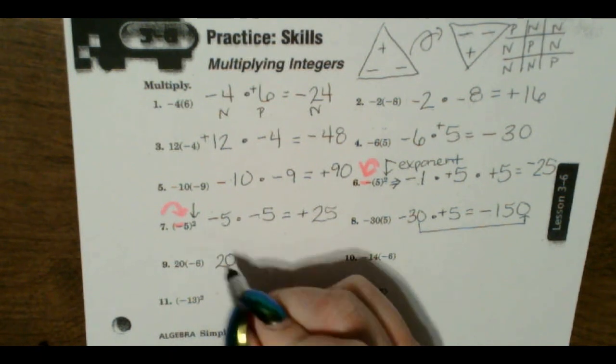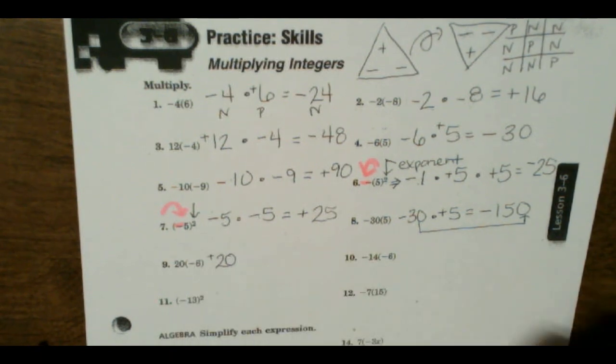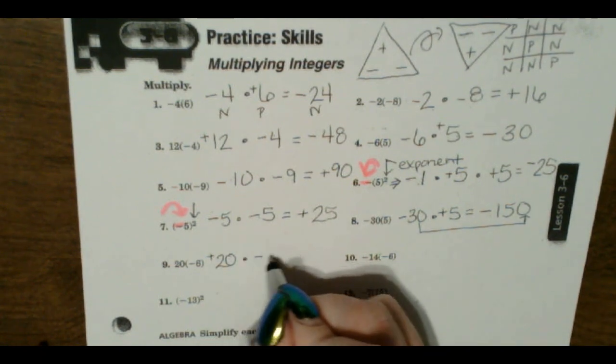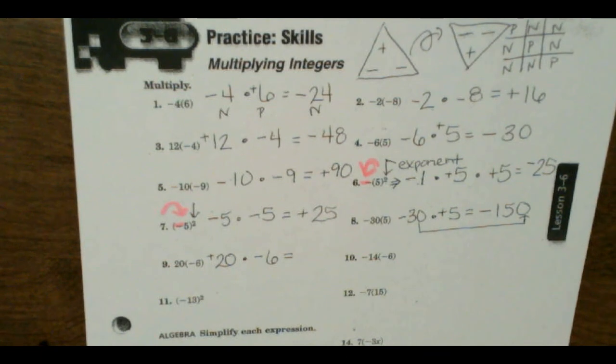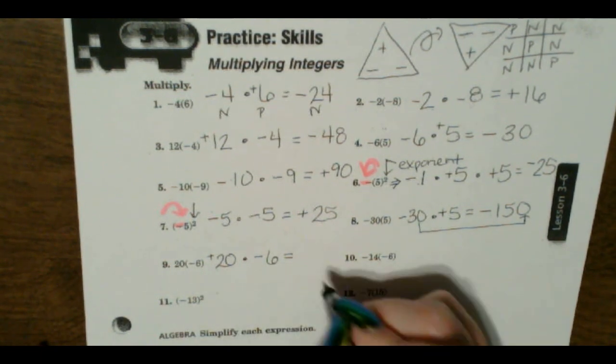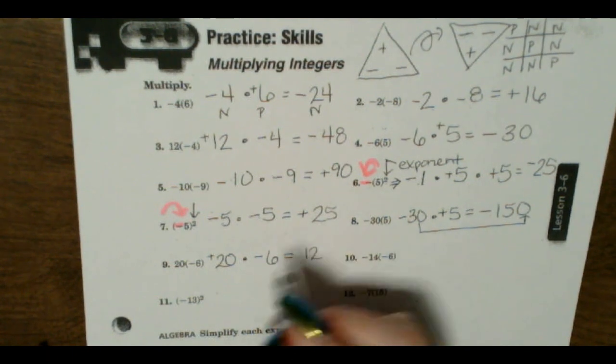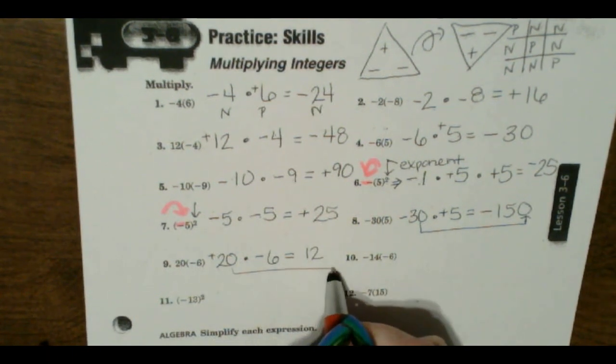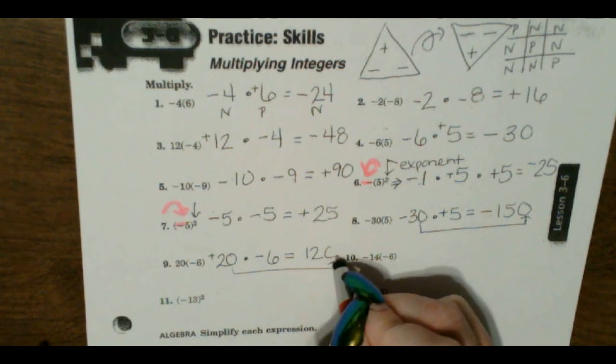20. There's nothing out front, so technically it's a +20, so I'm going to write a positive there just to remind me, times a -6. All right, let's do that zero strategy. 2 times 6 is 12. Bring over that 0.